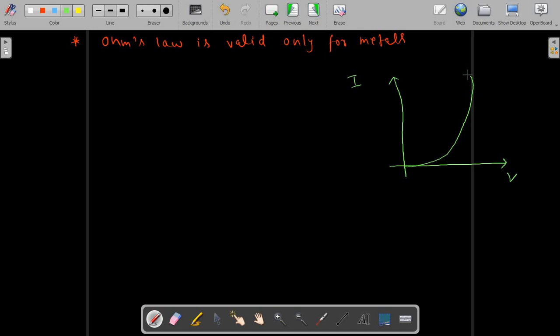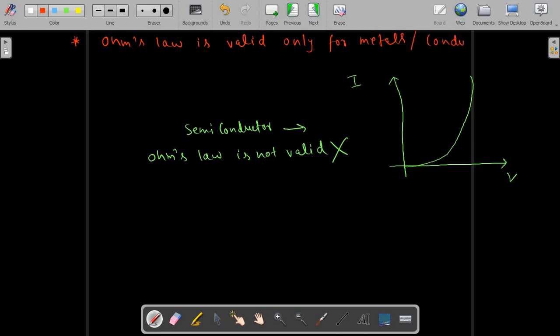It is happening because Ohm's law is valid only for metals or conductors. So this is for a semiconductor. Ohm's law is not valid, so you cannot apply V is equal to IR. You can write metals or conductors. Got it?